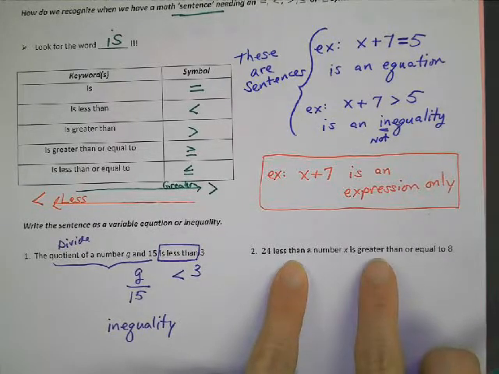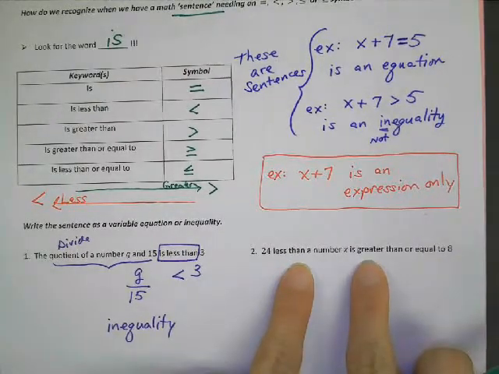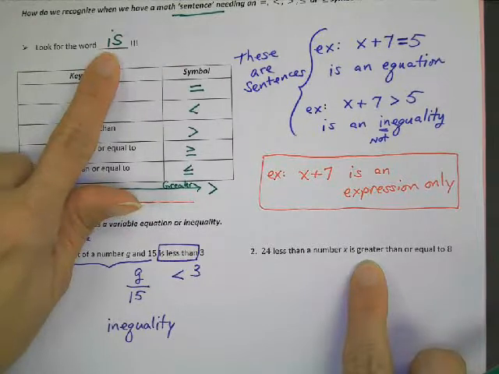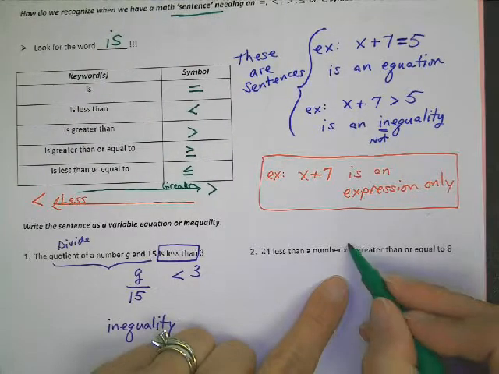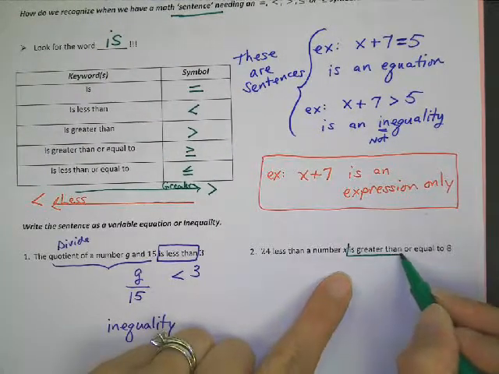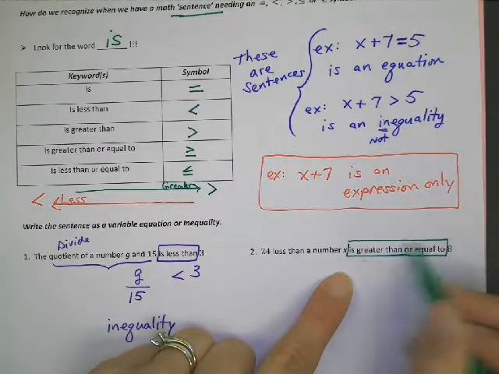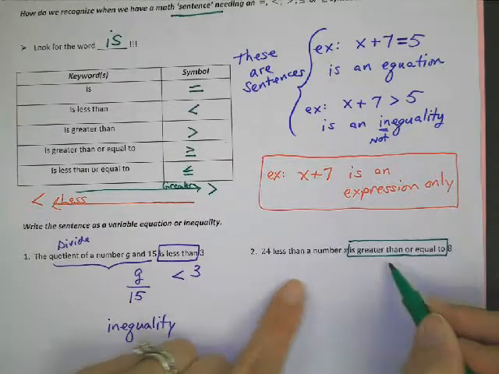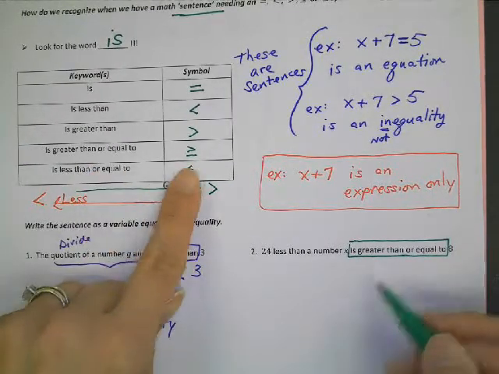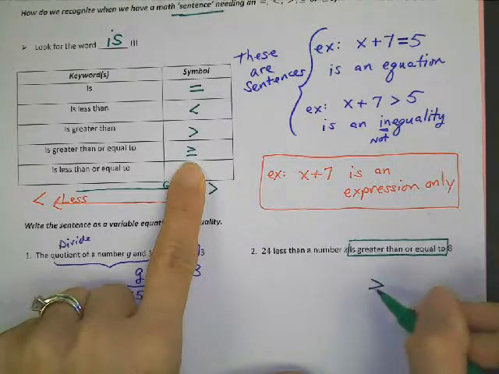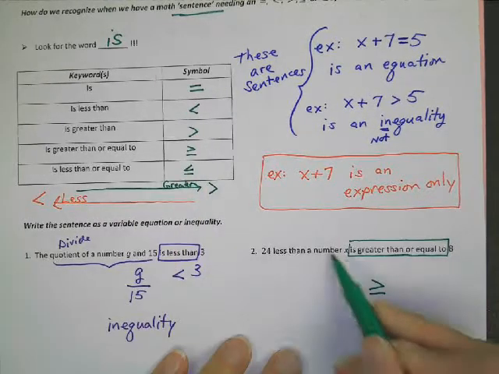Okay, is greater than or equal to. Okay, so first you have to write down that symbol. Is greater than or equal to is that symbol right there, greater than or equal to. So this is going to be the left side of the inequality, and this is going to be the right side. This is just going to have an 8.